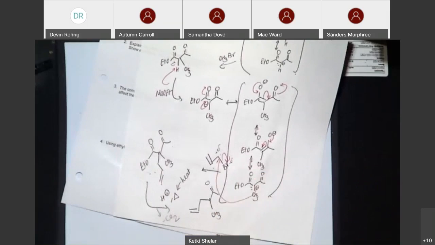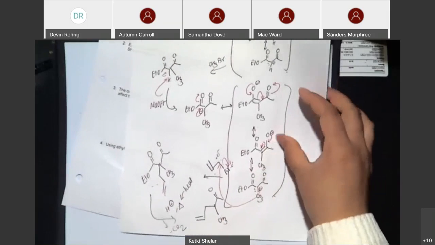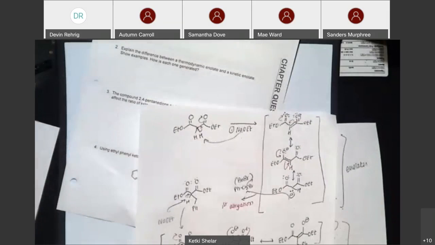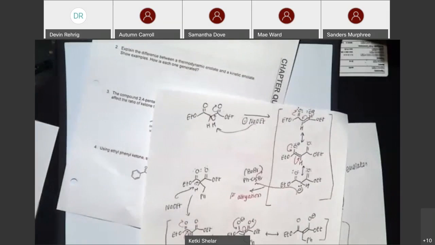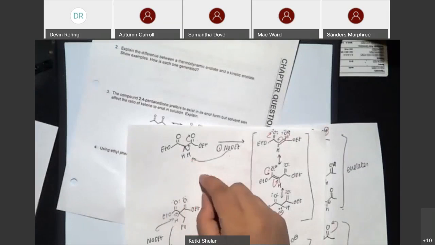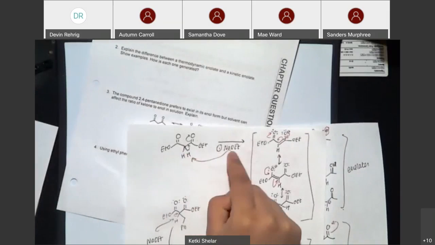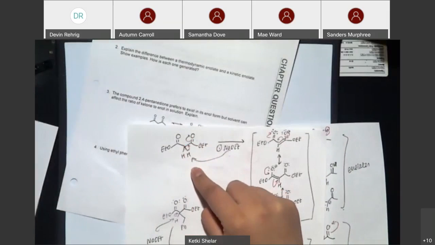So basically, it's very similar. I'm repeating it again, it's very similar for all these questions. Maybe, maybe not, it will be in your exam. If you keep all these questions in front of you, 1, 2, 3, you will understand that hydrogen abstraction, the base attacks and hydrogen is removed.